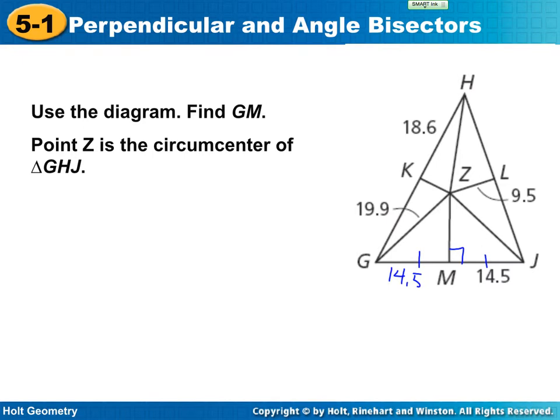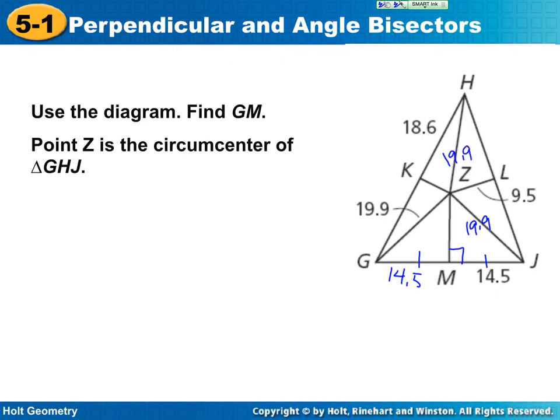What else could we find in this picture? Do we know ZJ's length? Okay, 19.9. We also know ZH, 19.9. How about KG?